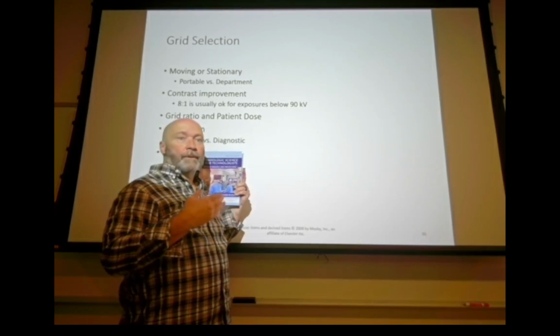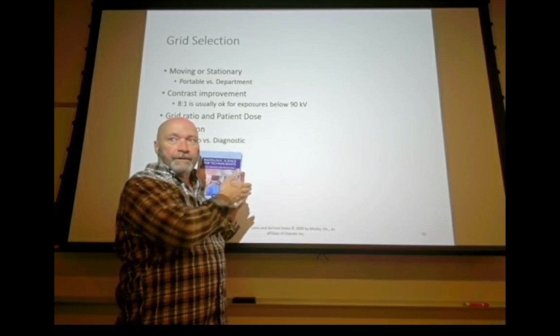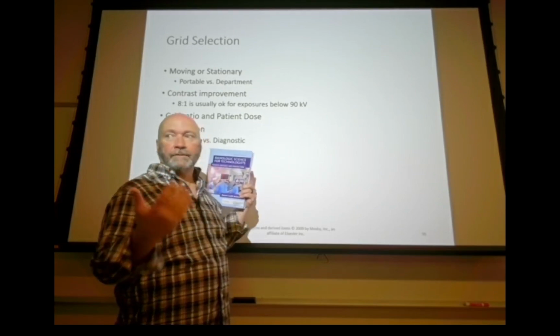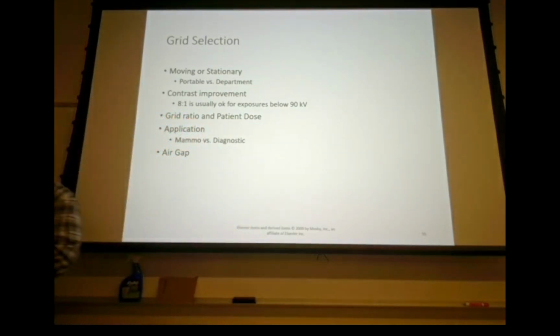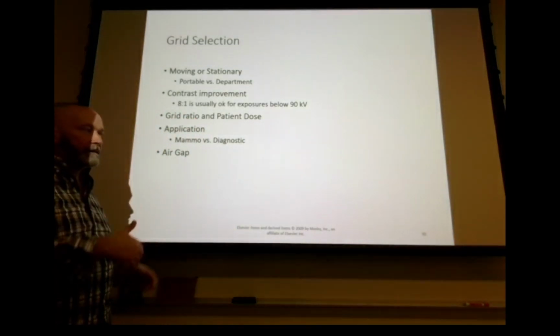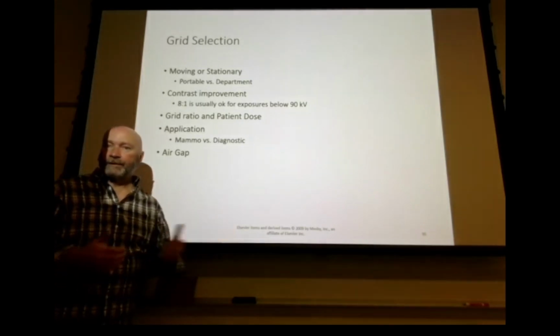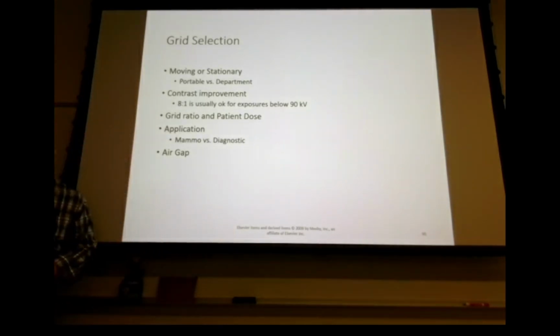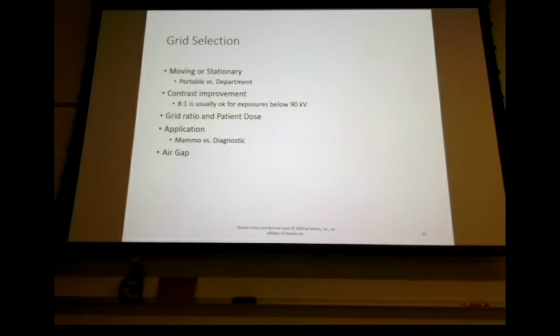But what about wide angle scatter radiation? You're going to miss it, right? So it works kind of like a low ratio grid in that not all of the scatter radiation is going to make it to the image receptor because of the increase in OID. So the contrast improvement factor for air gap technique is really pretty low.